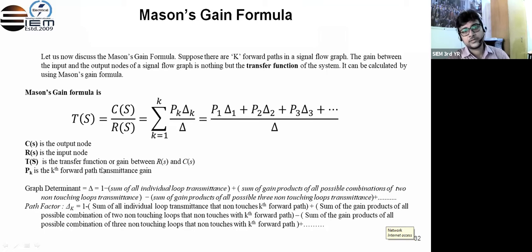And Δk is known as the path factor. Δk equals 1 minus the sum of all individual loop transmittances that do not touch the kth forward path, plus the sum of the gain products of all possible combinations of two non-touching loops that do not touch the kth forward path, minus the sum of the gain products of all possible combinations of three non-touching loops that do not touch the kth forward path.